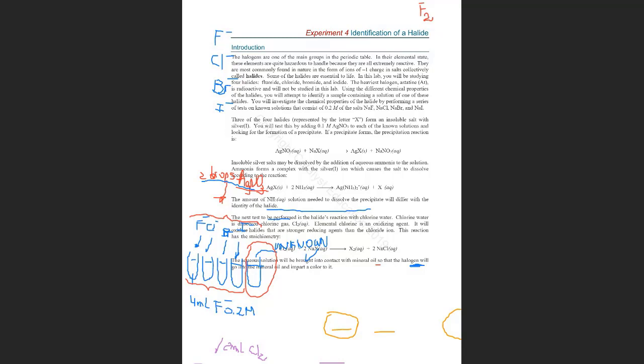Exactly. Depending on the color, yeah, it's colorless. And if you see a red orange, you're going to say I have bromine. If I have a purple red, you're going to say I have iodine. And if it's colorless, you're going to say, okay, I have fluorine.